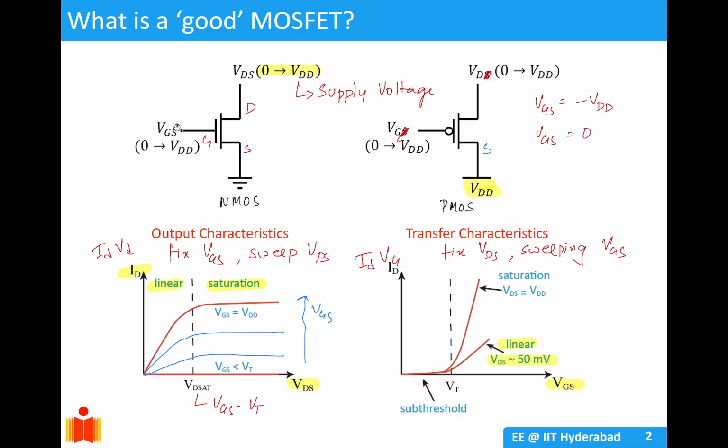In an NMOS, you ground your source here, you apply your supply voltage on the drain, which goes from 0 to VDD, and you apply your control voltage on your gate, which is VGS, which can also go from 0 to VDD.